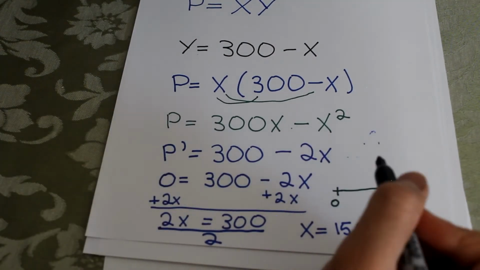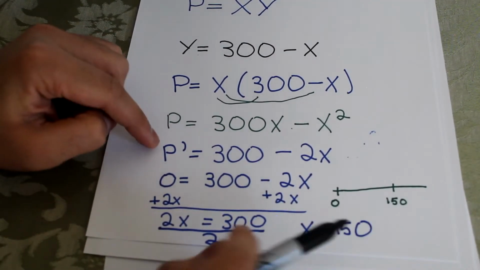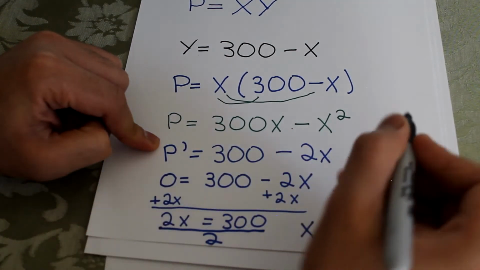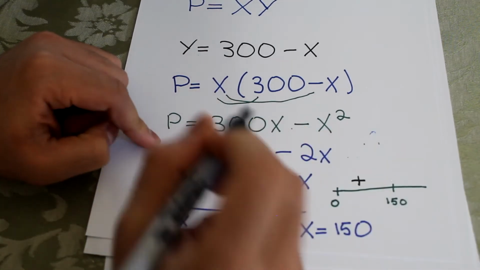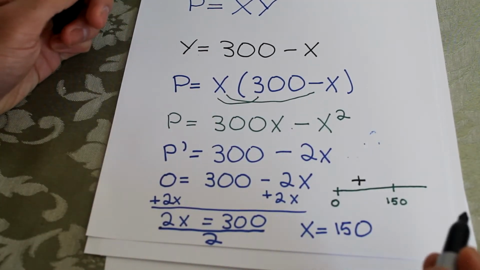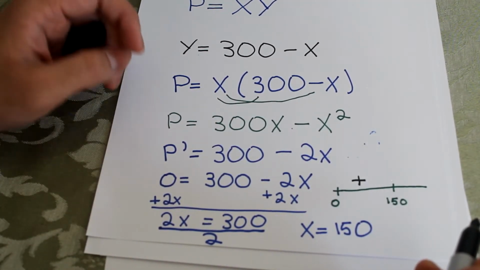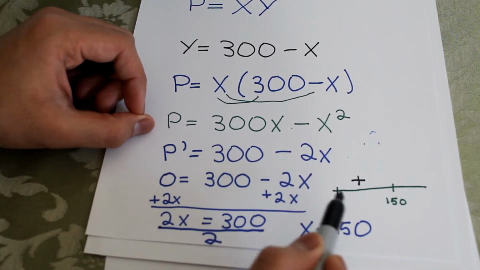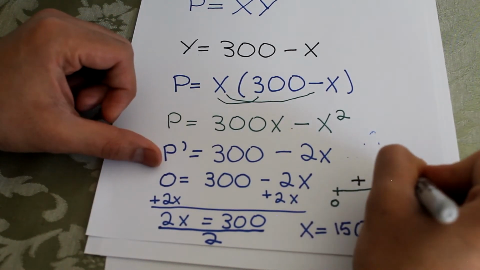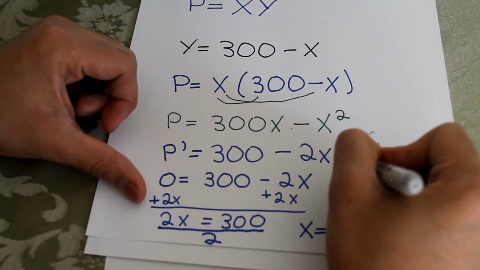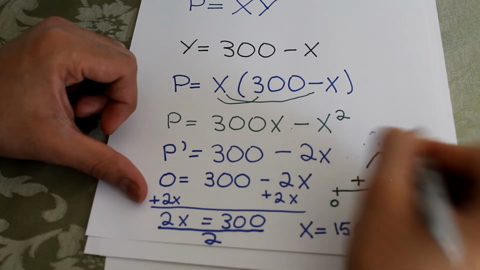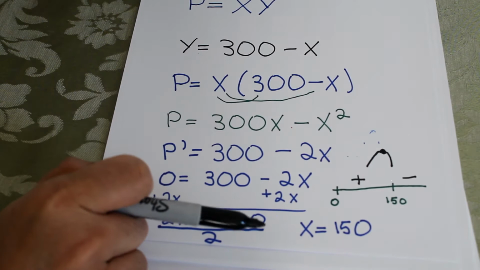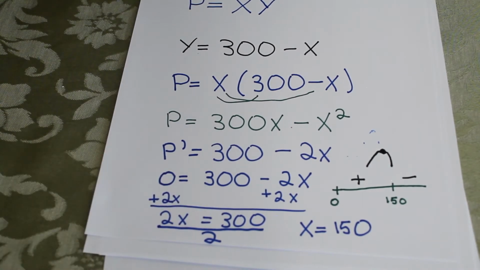So let's take 1 and plug that into p prime. 300 minus 2 times 1, that's a positive number. And let's take something that's greater than 150. Let's say 200. So 300 minus 2 times 200, that's a negative number. And we know a positive slope followed by a negative slope yields a maximum point. So at x equals 150, there's definitely a maximum point.